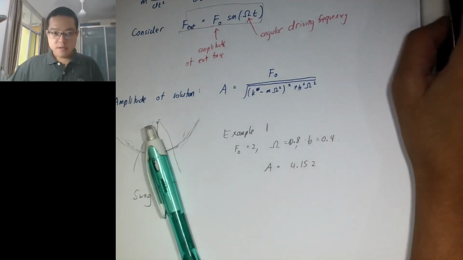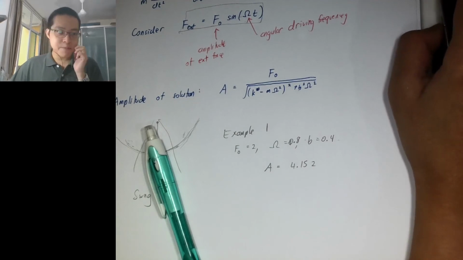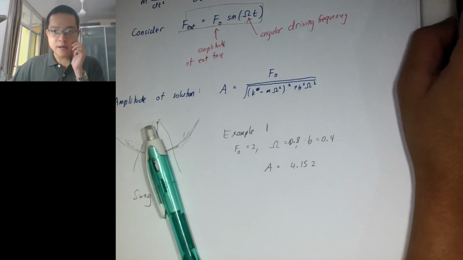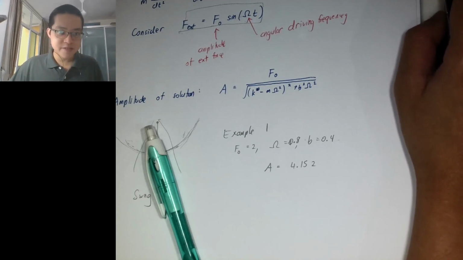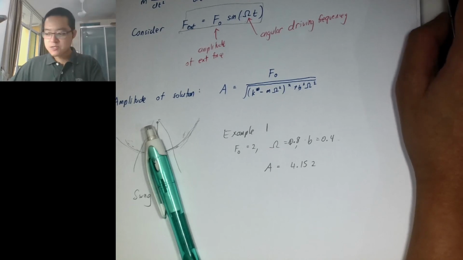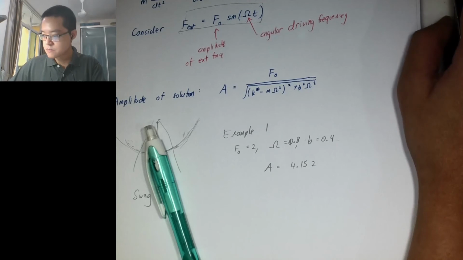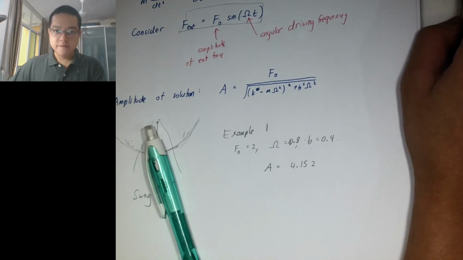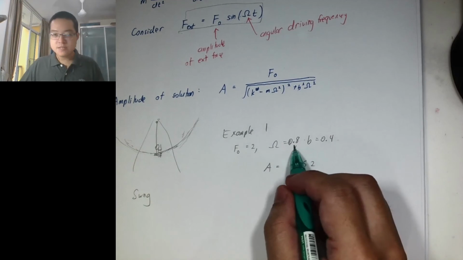Okay, so the formula gives us a number that we expect, because using the formula I calculated 4.152, and according to the numerical solution, yes, the amplitude is 4.152. So this is the case where it's not the resonant frequency.